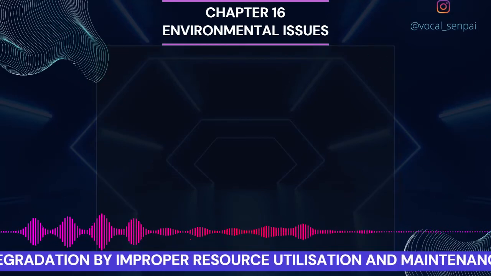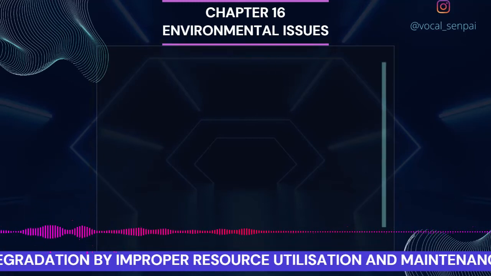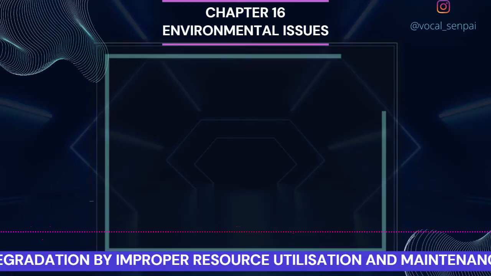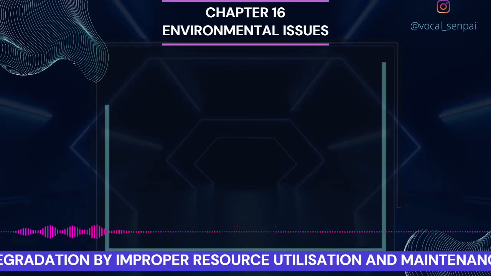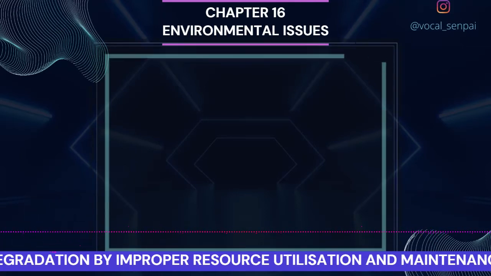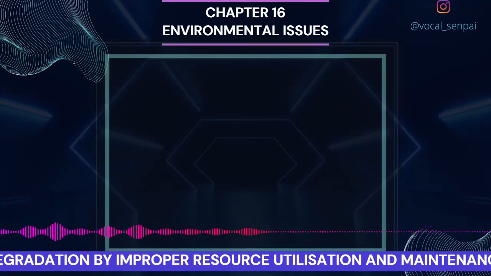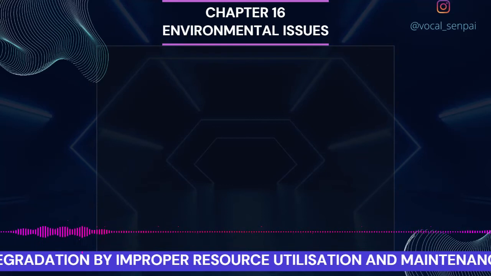Degradation by improper resource utilization and maintenance. The degradation of natural resources can occur, not just by the action of pollutants but also by improper resource utilization practices. Soil erosion and desertification. The development of the fertile topsoil takes centuries.